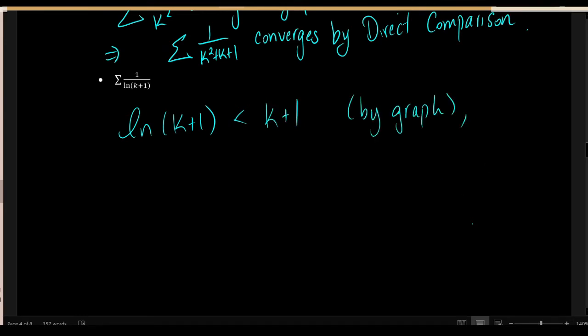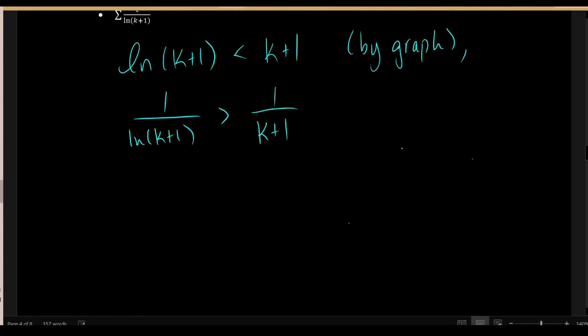So if we reciprocate those quantities, if I take 1 and divide it by the natural log of k plus 1, then that has to be larger than the reciprocal of k plus 1. Now, if we look at the sum of 1 over k plus 1, this is not quite technically a p-series. If we just had 1 over k, that would be a p-series, but we have 1 over k plus 1, so this is no longer a p-series.